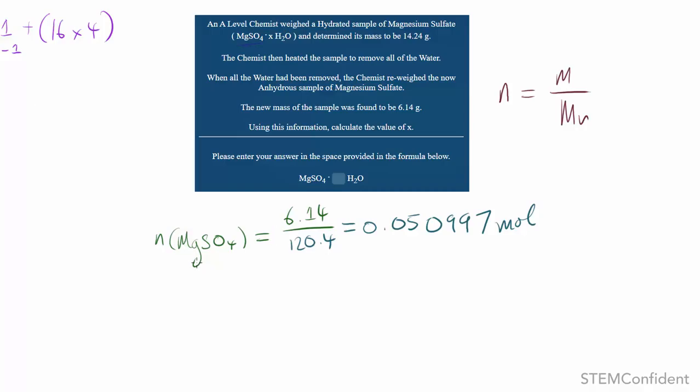Now, to do that, we're going to need the mass of the H2O, which is not given directly in the question, but we are given the other two masses. The anhydrous sample mass is simply the mass when the water's all been removed. Therefore, to figure out the mass of the water, we can just do 14.24, the hydrated mass, minus 6.14, the anhydrous sample mass.